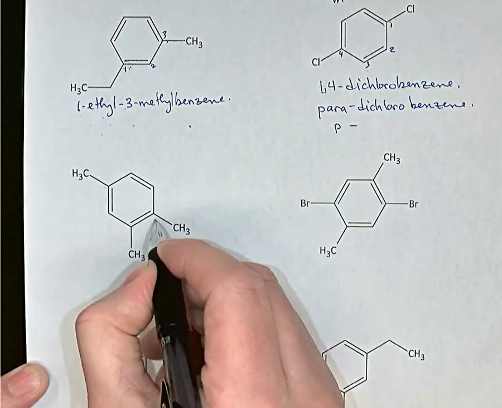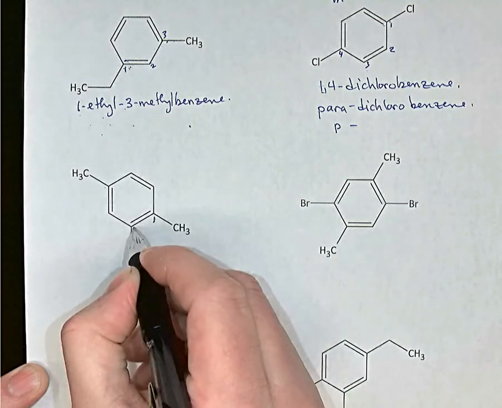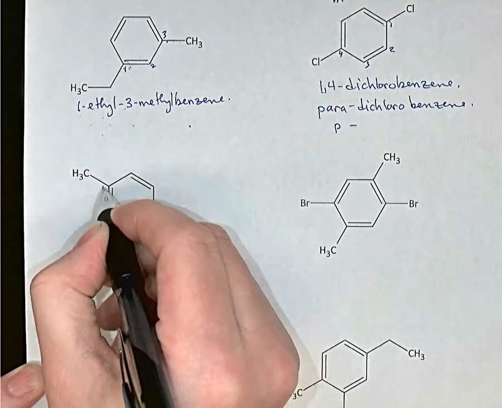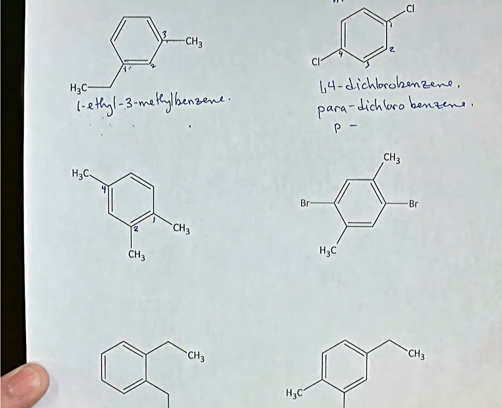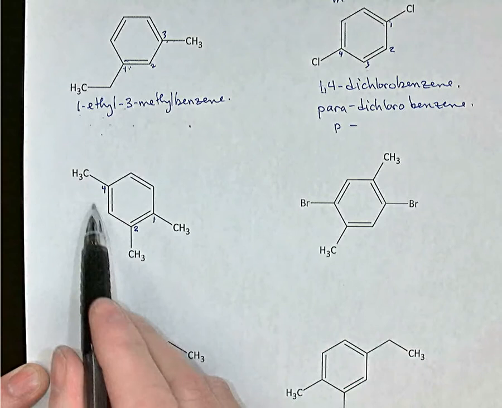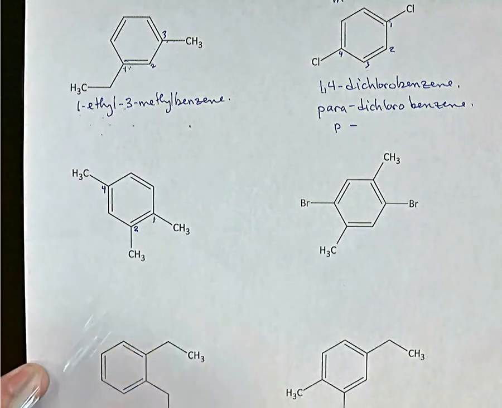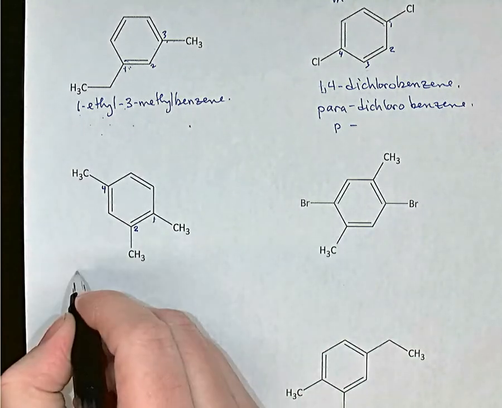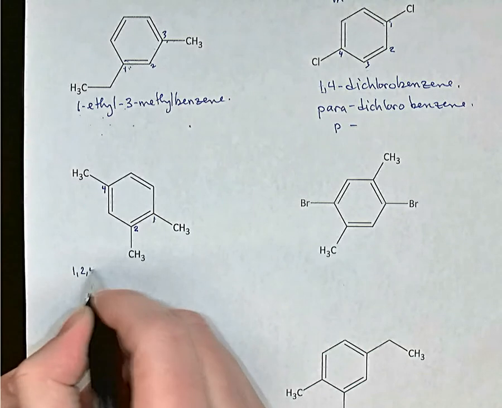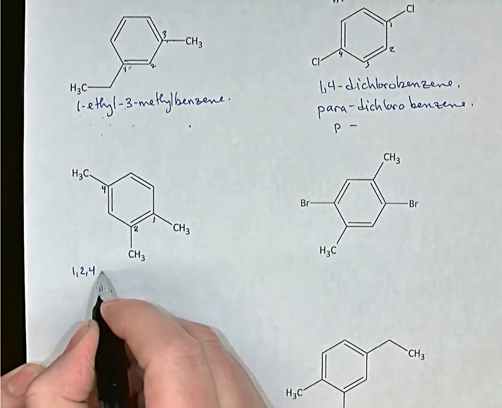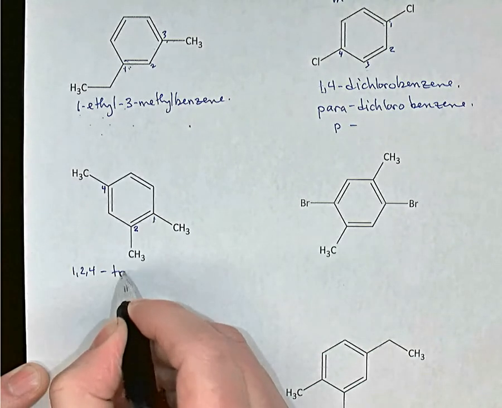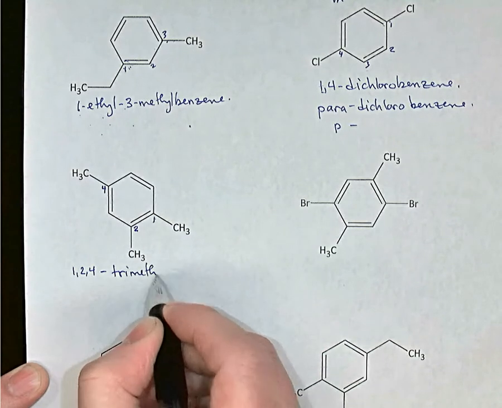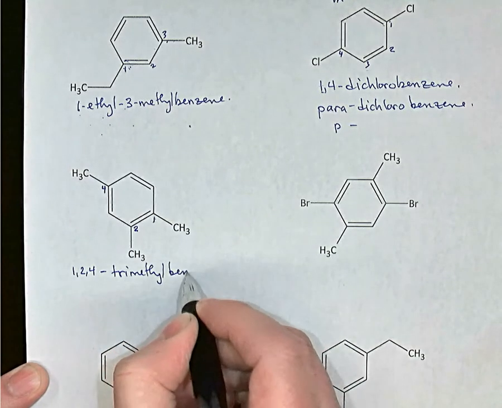But if I call this guy carbon 1, this guy carbon 2, and this guy carbon 4, instead of 1, 3, 4, we have 1, 2, 4, and that's slightly lower, so that's the way to number it. So this is going to become 1, 2, 4, the lowest possible numbering, and then trimethylbenzene.